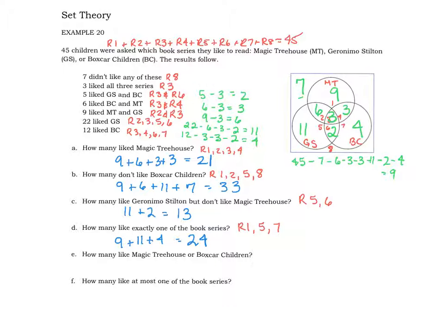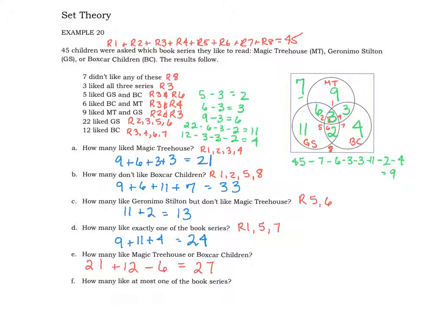How many like Magic Treehouse or Boxcar Children? Okay, so we already figured out, we could use our formula if we wanted to. We already figured out how many people like Magic Treehouse. And we have how many people like Boxcar Children. And minus how many like both. So Magic Treehouse and Boxcar Children, that's 6 of them. So that's going to give us 27.